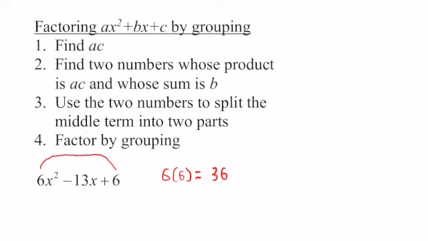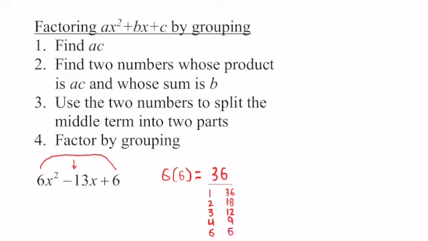Now what we want to do is figure out what we can multiply to get that number that adds up to our middle coefficient, in this case a minus 13. So let's see, for 36 there's several possibilities. It's 1 and 36, 2 and 18, 3 and 12, 4 and 9, or 6 and 6.